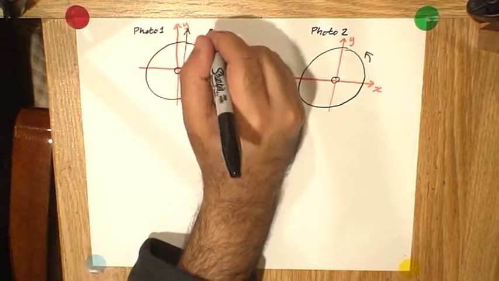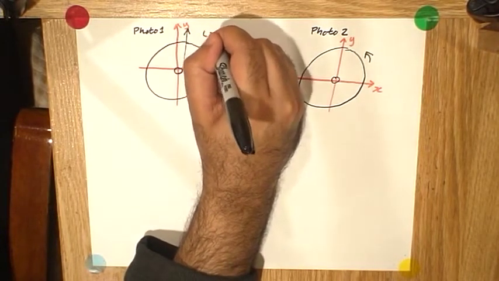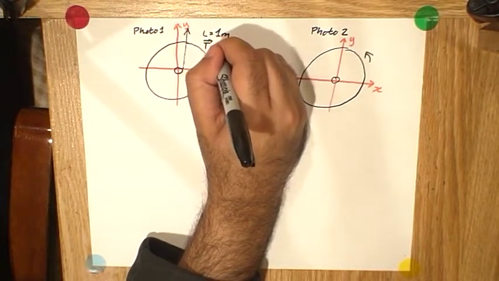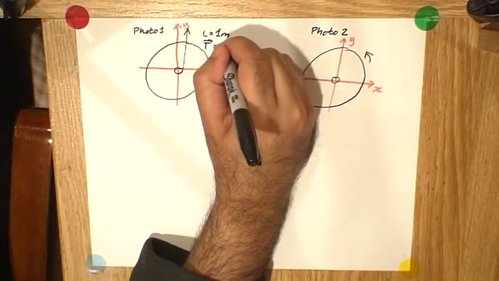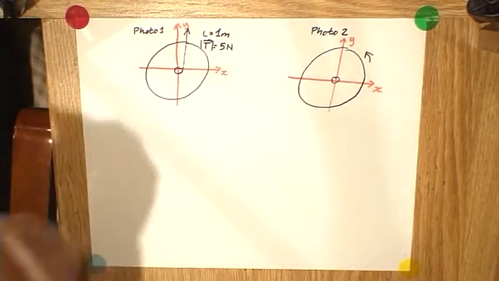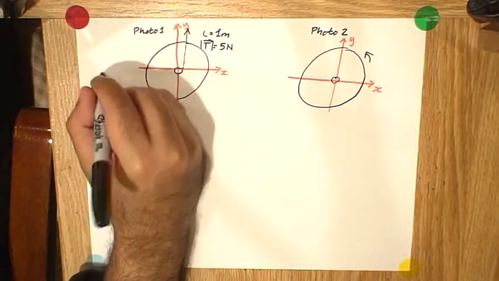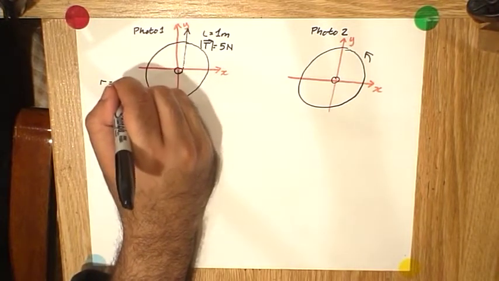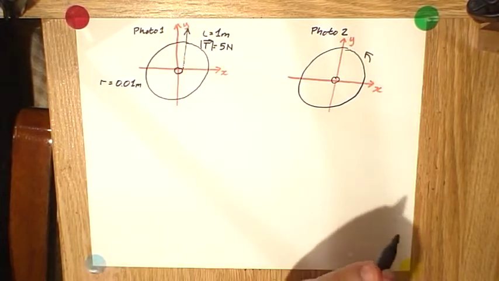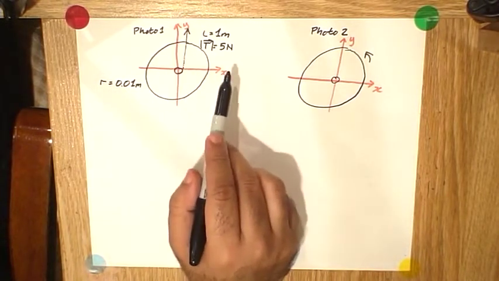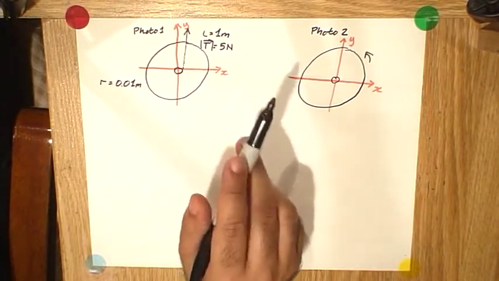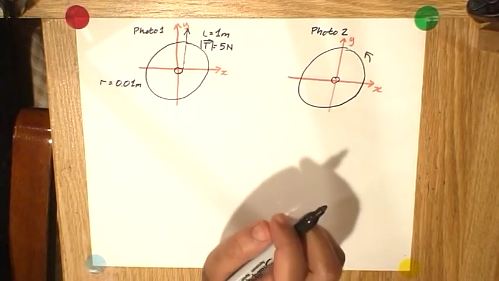We know that the string had a length of 1 meter. The tension in the string was 5 newtons. You can write it like this. And we also know that the radius of this shaft is equal to 0.01 meters. So that's 3 pieces of information that we were told. And we're going to use all this information to find out the work that was done.